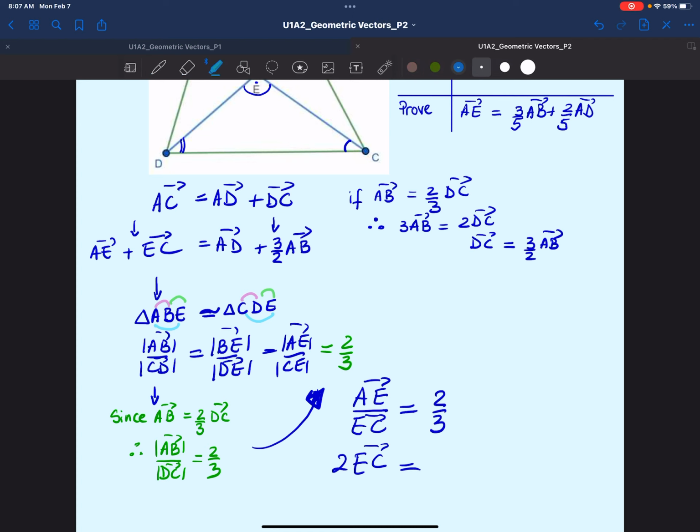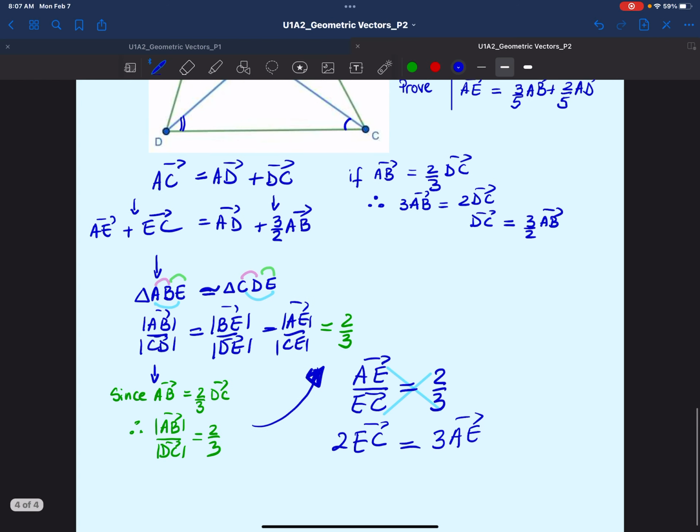So cross multiply, and we get 2EC equals 3AE. So that will make EC, that's what we want to get rid of. So vector EC will be 3/2 AE.